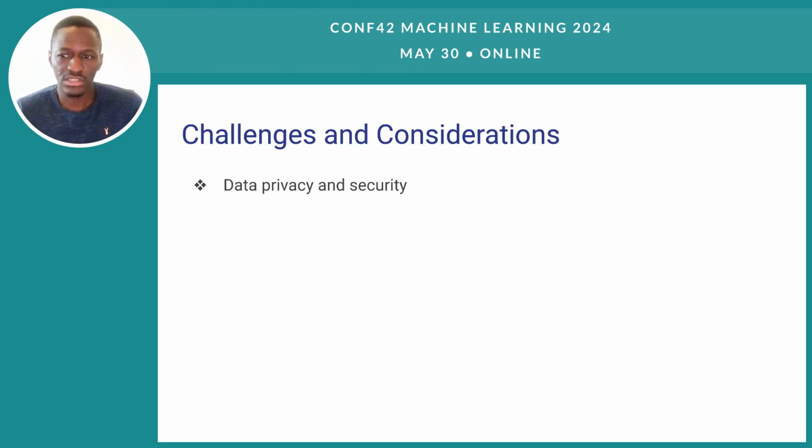One of the challenges is data privacy and security. Now, this goes in several ways. I like to say that where there's money, there's a tendency for fraud. So in terms of security, you need to ensure that customer data is secure. And of course, you also need to respect the privacy of those customers, right?